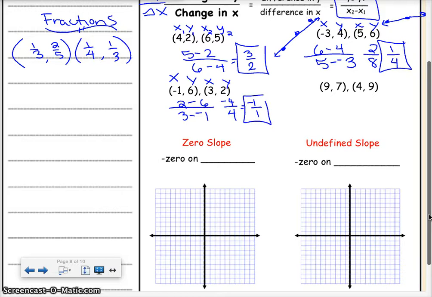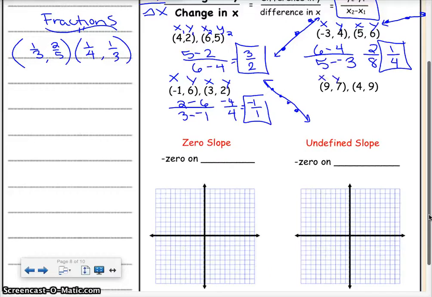Want to see what that line would look like, kind of? If I had a point right here, I would fall down 1, over 1, down 1, over 1, down 1, over 1. I could do that all day long. That's what that line would look like. Again, you can plot these points on a coordinate plane and find the slope yourself. Okay, next one. (9, 7) and (4, 9).